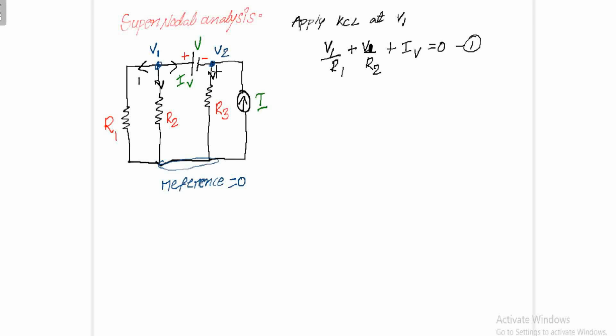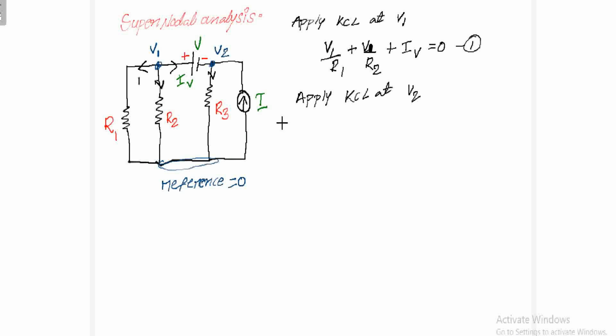Let us apply KCL at V2. Applying KCL at V2, here the current in the R3 is outward, and this IV is inward and I is inward.